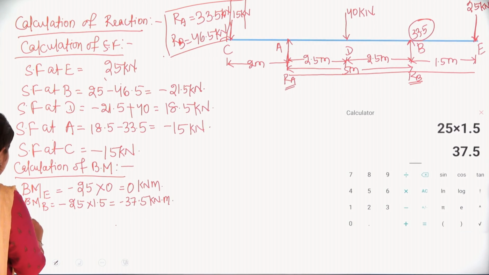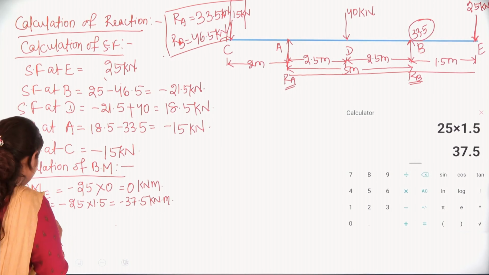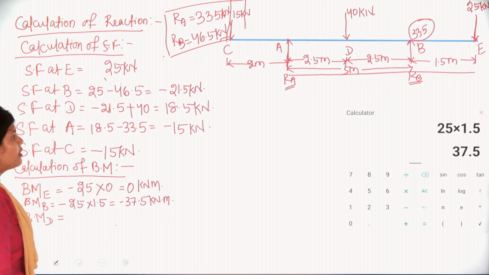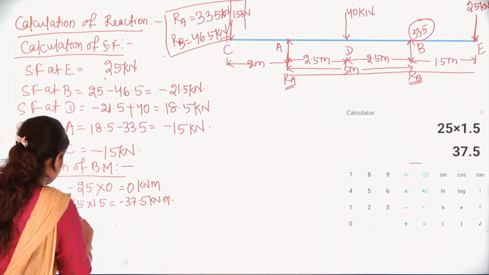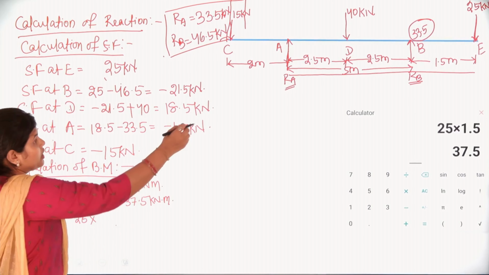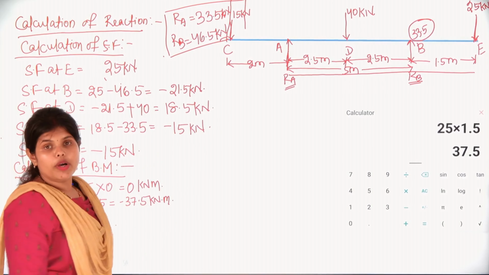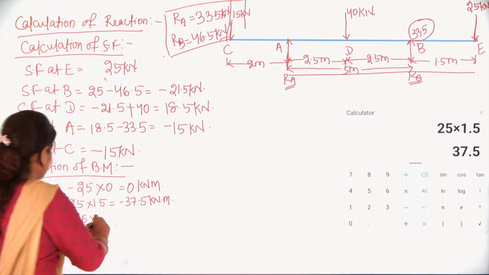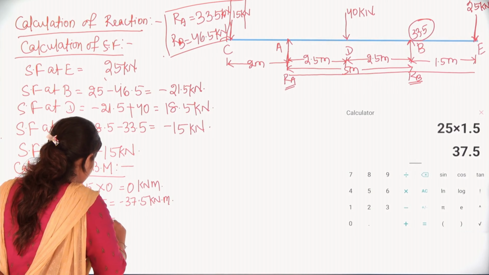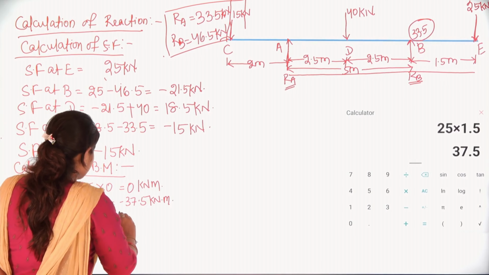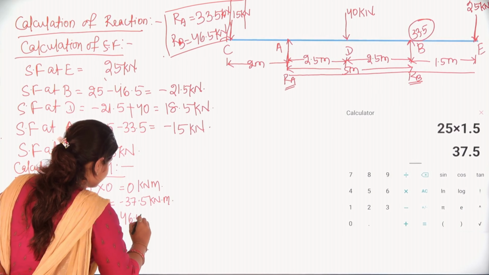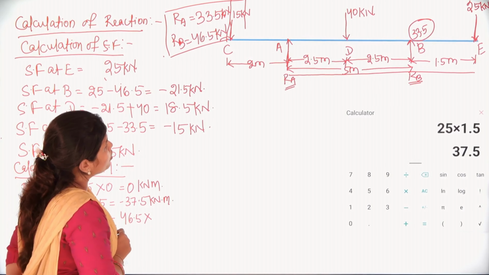Next calculation at point D. Similarly, minus 25 will be multiplied with what? 2.5 plus 1.5. So it will be 4 plus RB. We have RB as 46.5. That will be multiplied with 2.5.